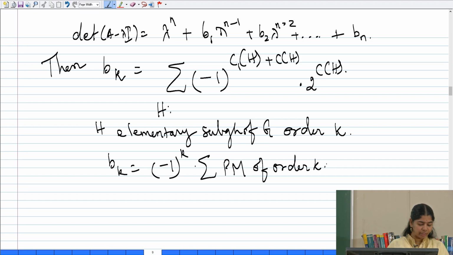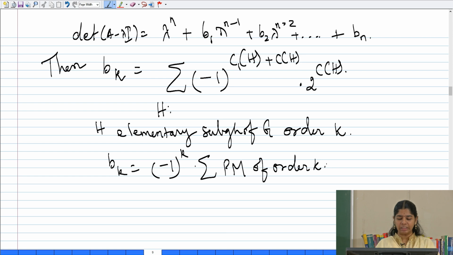This is what we are looking at, but what is this principal minor here? You take k vertices at a time, that is what your submatrix is giving you, k rows and k columns, identical rows and columns we are taking. So that gives you nothing but the order k subgraph of the given graph.